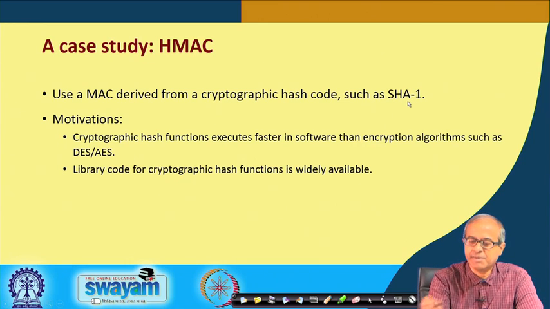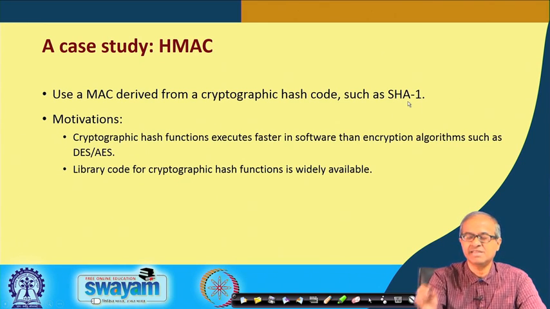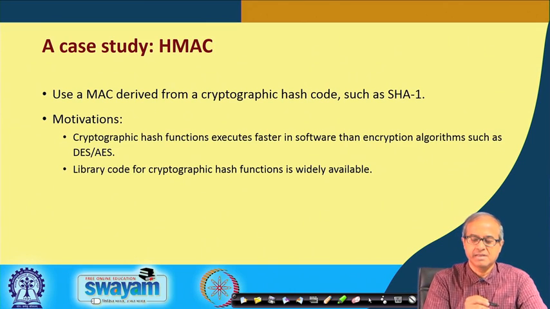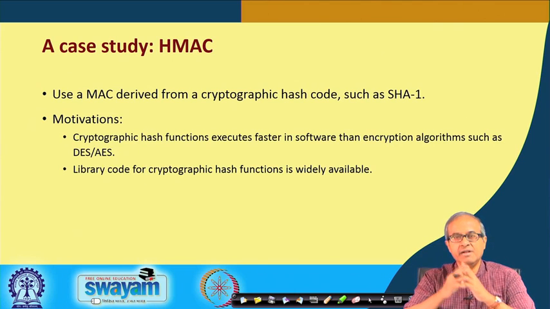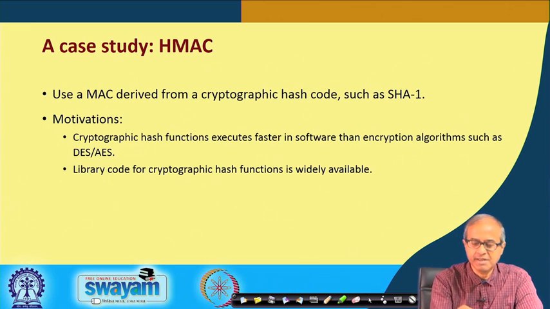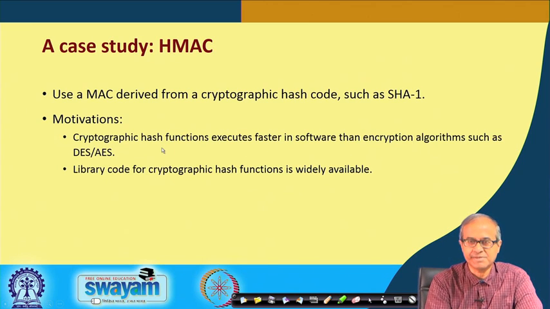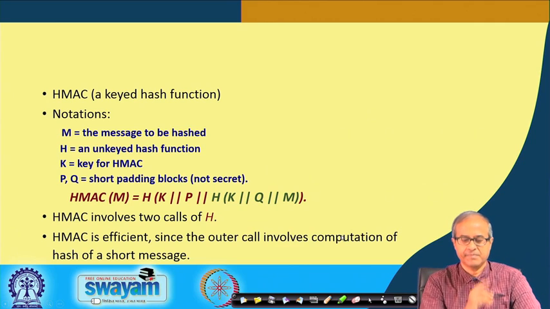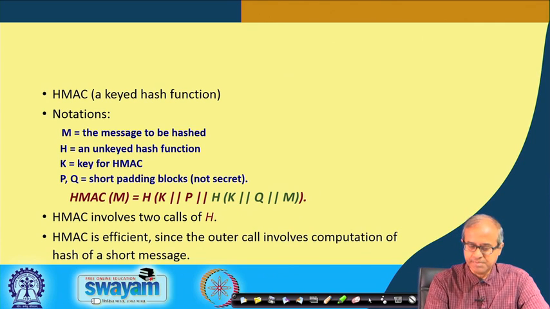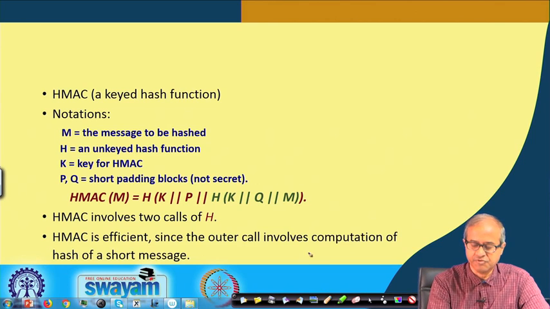It is derived from a cryptographic hash function like SHA, let us say SHA1, the simplest. The motivation behind this is that the MAC algorithms we talked about earlier use a secret key and use encryption and decryption, but here, I am repeating, we are trying to avoid the encryption process because encryption is slower, and if we use only hash functions in the computation, since they run faster, it will be quicker. And such hash functions are also widely available. Now, the way this HMAC works is as follows.